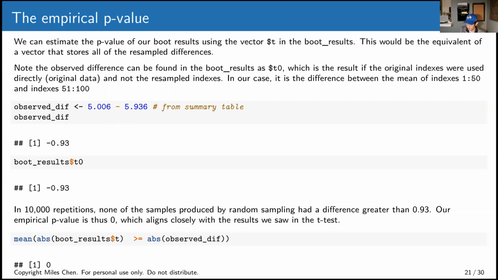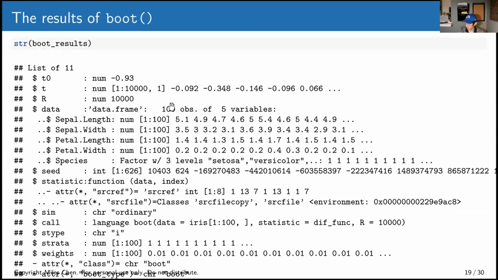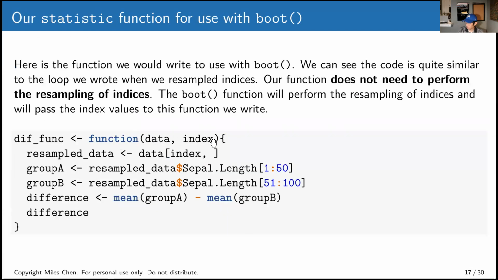The observed difference is stored in this value $t0. $t0, -0.93, is the result of calling the difference function if you didn't do any resampling. Normally index is going to be a jumbled mess. We sampled the values 1 through 100 with replacement, so you get some mix, you know, 58, 72, 3, 17, 85, 100 of these shuffled values.